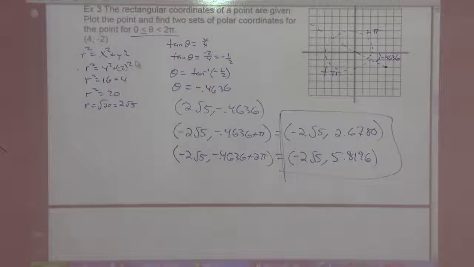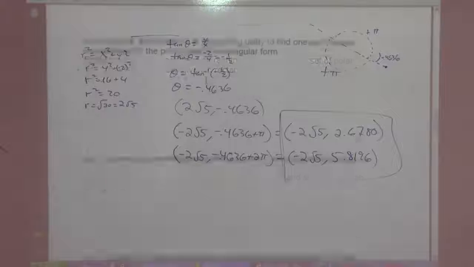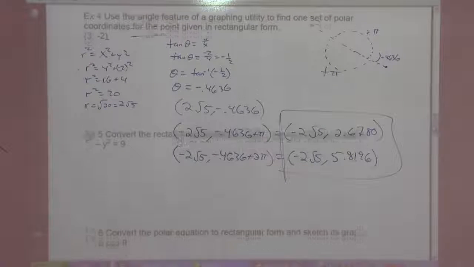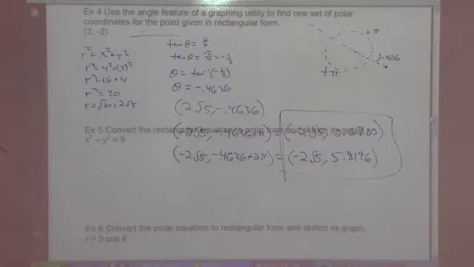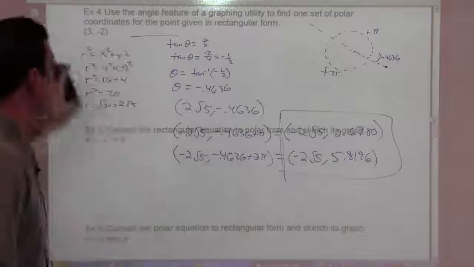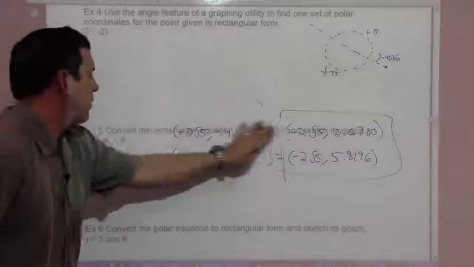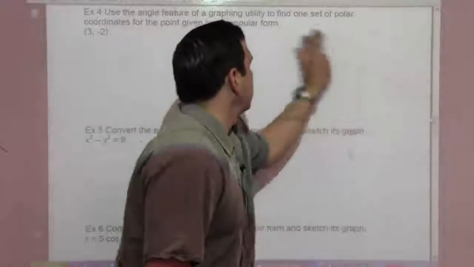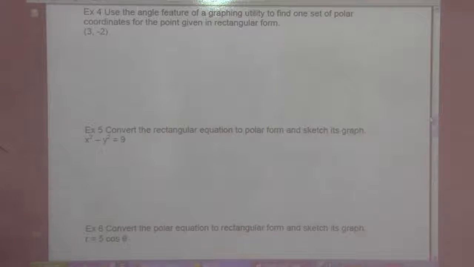I'm going to go on to number 4. Number 4, it says, use the angle feature of a graphing utility to find one set of polar coordinates for the given point in rectangular form. So we're going to go back to our graphing calculator here.